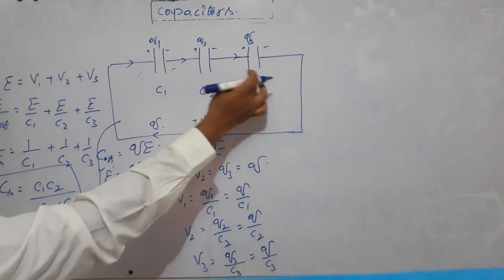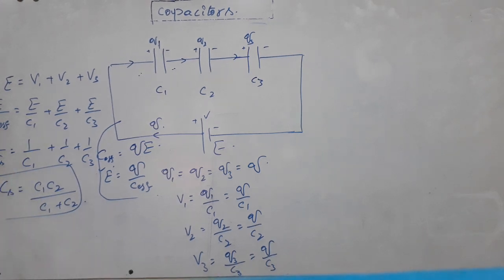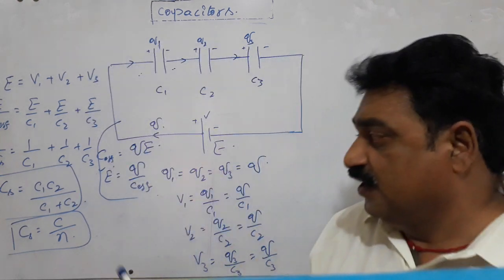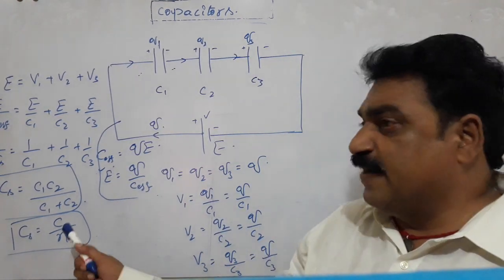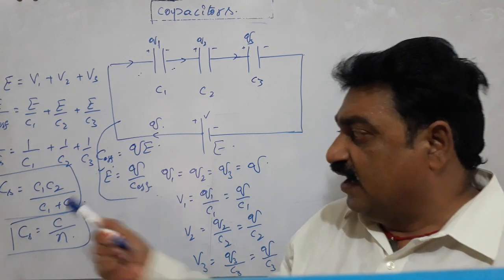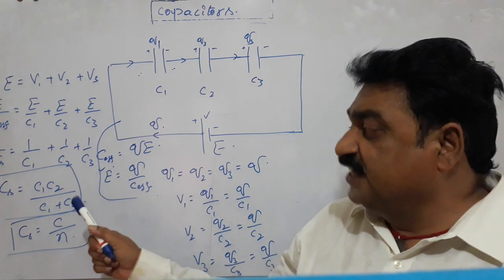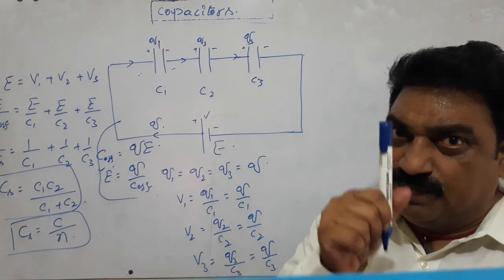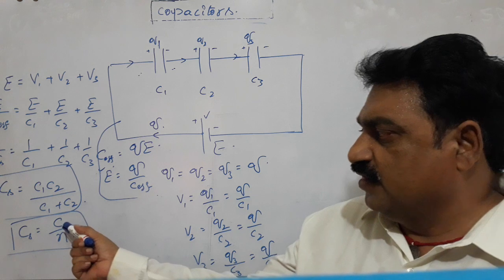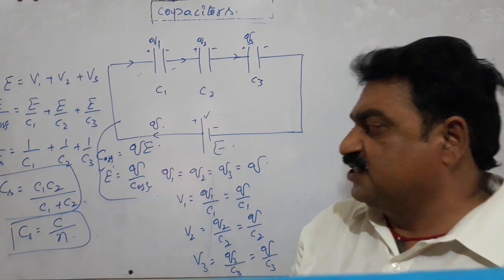If you connect N identical capacitors in series, then Cs will be equal to C by N. From this equation, Cs equal to C by N, it is clear that the capacity decreases on increasing the number of capacitors in series combination. So in order to minimize the capacity, you must use capacitors in series.